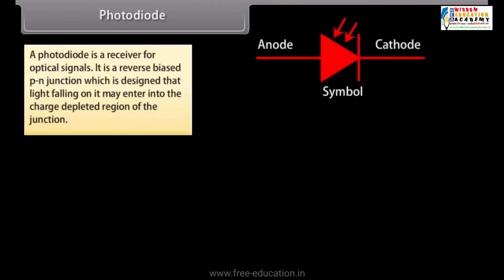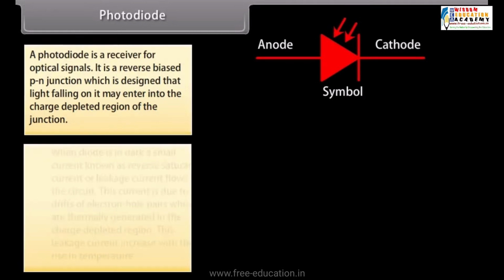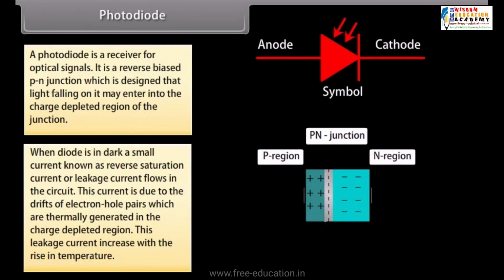Photodiode. A photodiode is a receiver for optical signals. It is a reverse-biased p-n junction which is designed so that light falling on it may enter the charge-depleted region of the junction. When the diode is in the dark, a small current known as reverse saturation current or leakage current flows in the circuit.